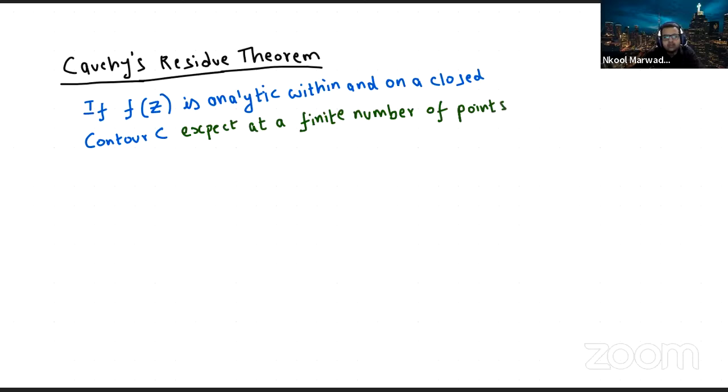So these are the points within the contour or on the contour where the function is not analytic, within C.